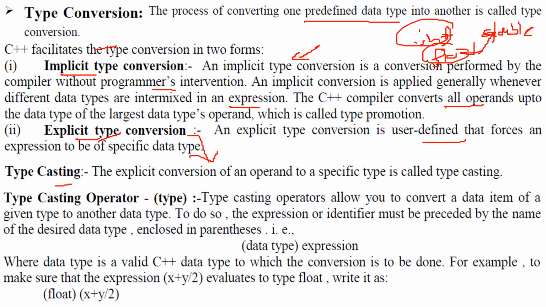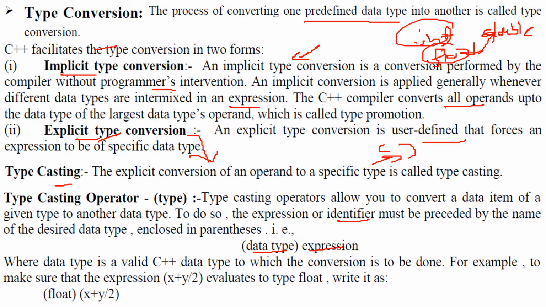You have a typecasting operator which allows you to convert a data item into another data type. For that, the expression or identifier must be preceded by the name of the desired data type enclosed in parentheses, which are the round brackets.